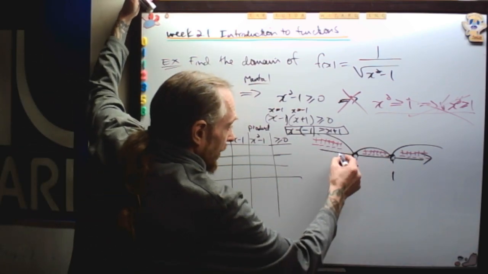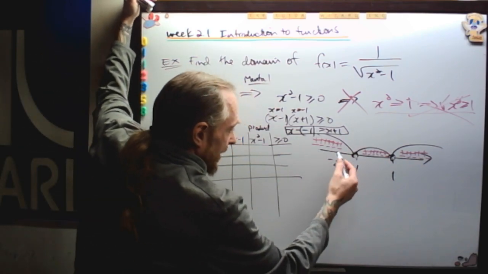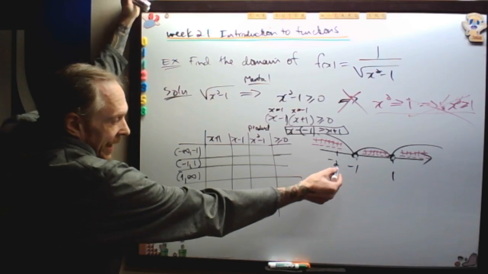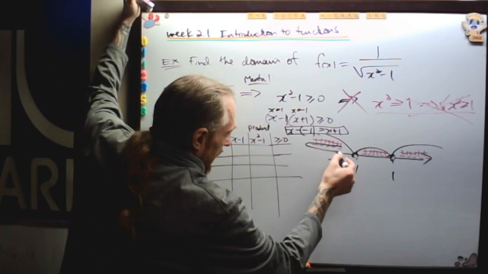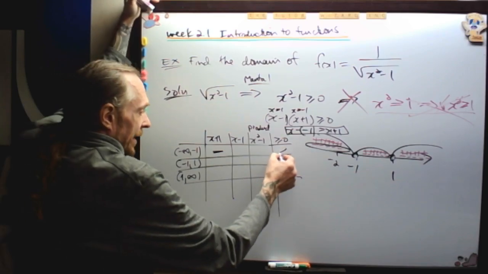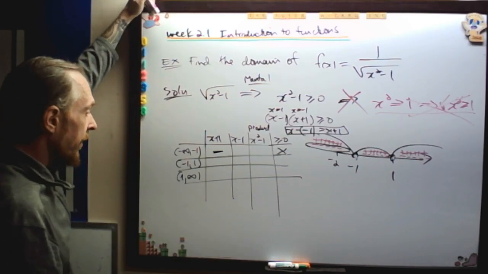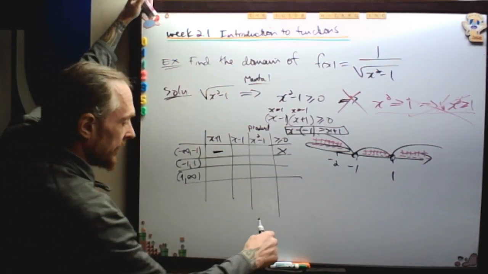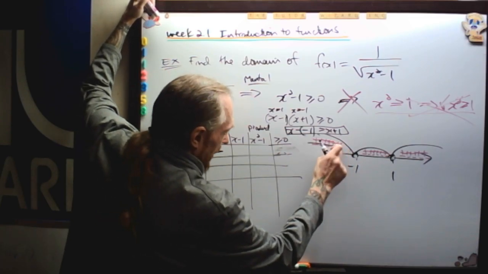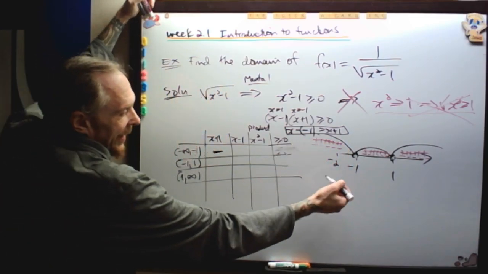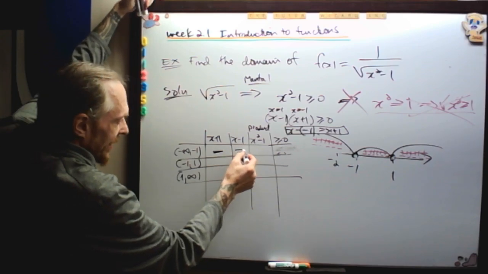Less than -1, so at -2, I just pick a representative in there because they're all going to have the same sign. At -2, -2 plus 1 is negative. That's not my conclusion yet, I only did one piece. But if I pick -2, -2 minus 1 is also negative.